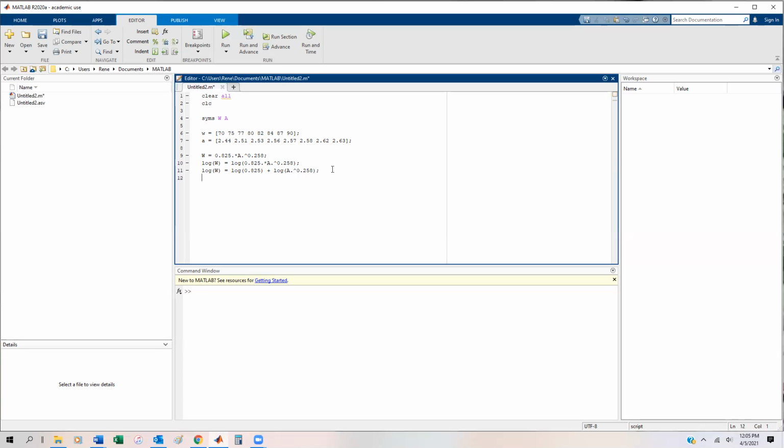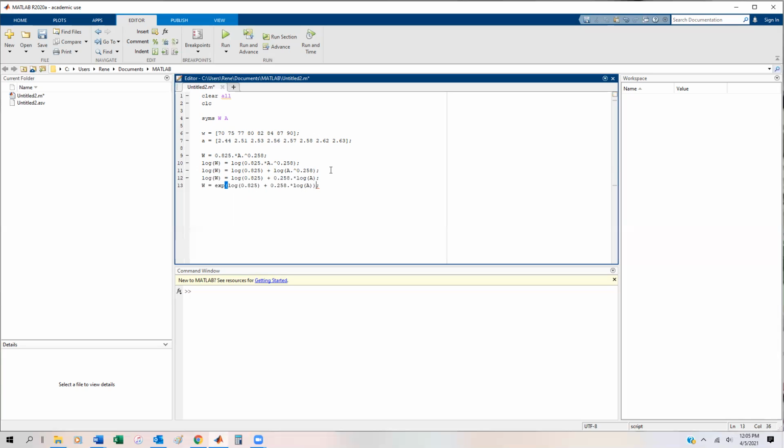So we're going to say log of W is equal to log of 0.825 plus 0.258 times the log of A. And then finally, we can take the exp of both sides, so W is going to be equal to exp of this stuff right here. This should be the equation of our linear data.